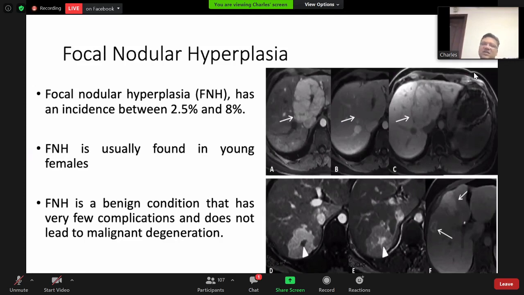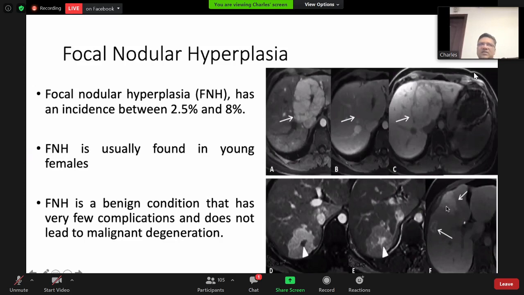These agents are taken up by the functioning hepatocytes, and they are excreted into the biliary tree in the delayed phases, around 10 to 20 minutes. So if we have functioning hepatocytes in the tumor, these hepatocytes retain the contrast and excrete it into the biliary tree.